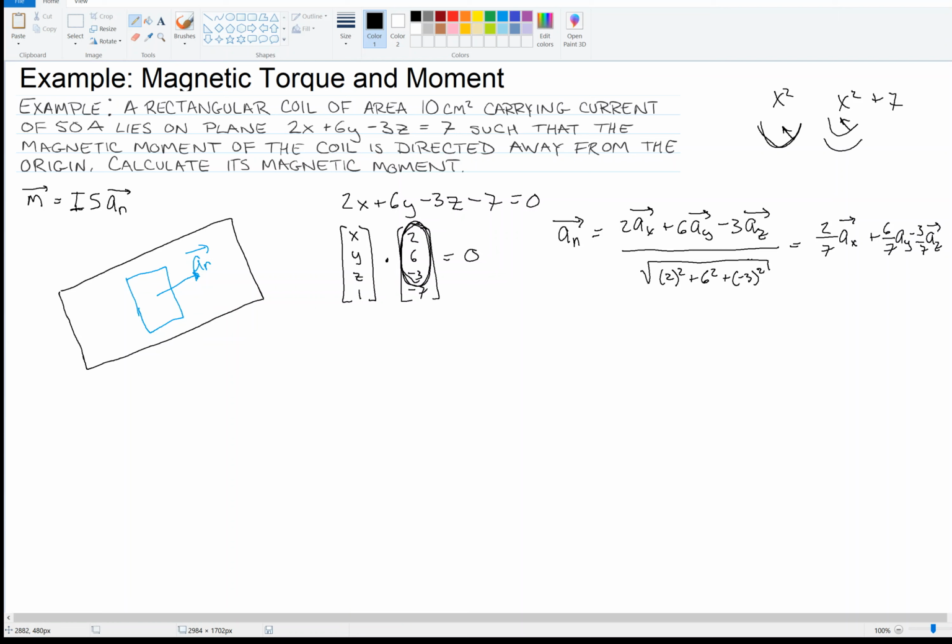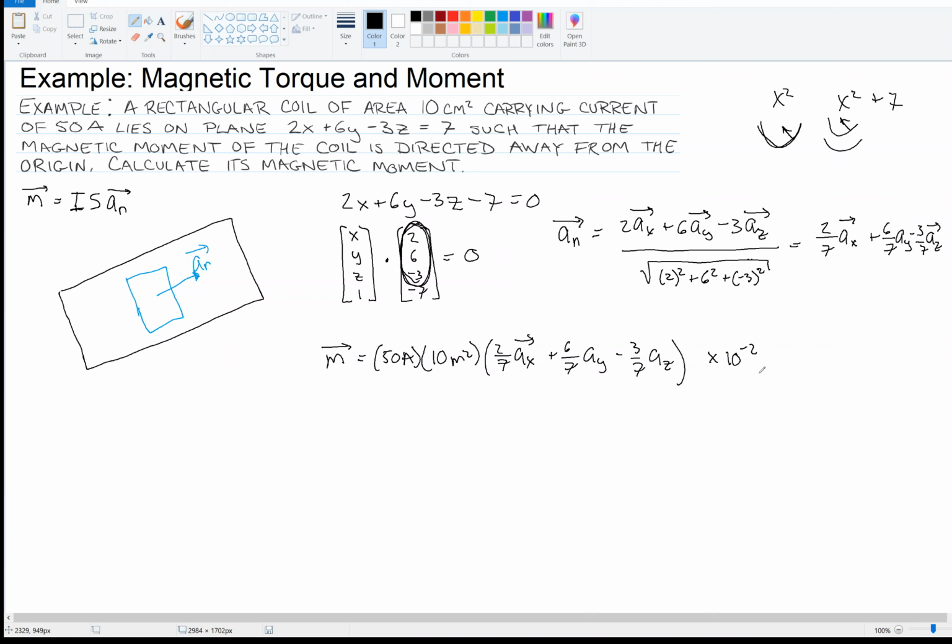So that's most of the work in this problem. So now the magnetic moment, m, is just given by 50 amps times 10 square meters, and I'll bring out 10 to the minus 2 in a second here, and then times our unit vector, 2/7 a_x plus 6/7 a_y minus 3/7 a_z, times 10 to the minus 2 because the area was in square centimeters.